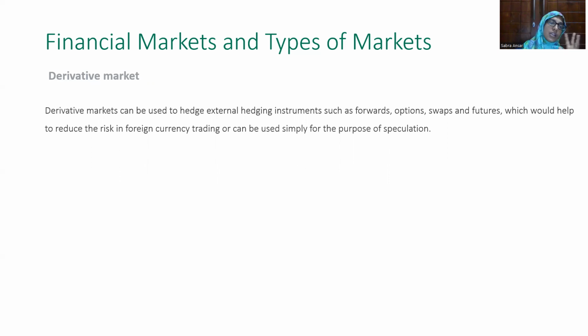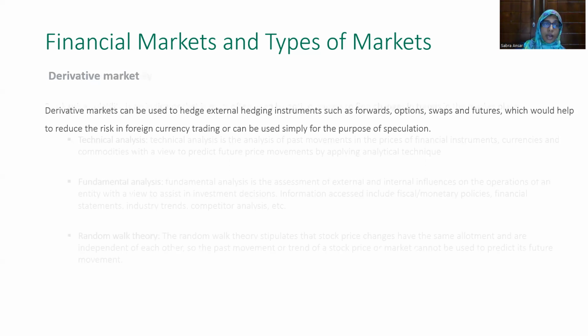So basically, this derivative market has hedging instruments, which are forwards, options, swaps, and futures. We spoke a little about some of these, and there will be some that we will talk about later in this module. The market in which all of this is traded is called the derivative market.